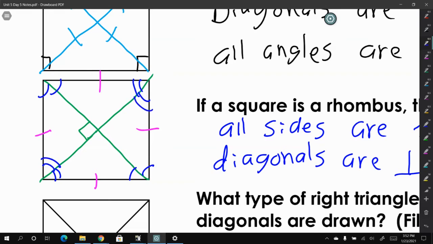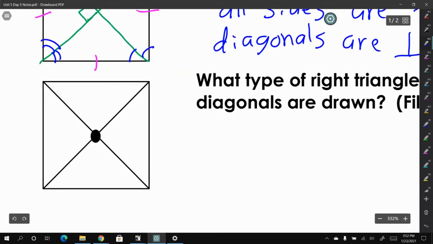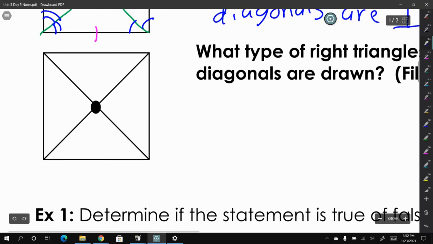Okay, so now we're going to combine all of that information in this picture here. This picture down here is a square. Our angles are right angles here at the diagonals, because in a square, the diagonals are perpendicular just like they are in a rhombus.